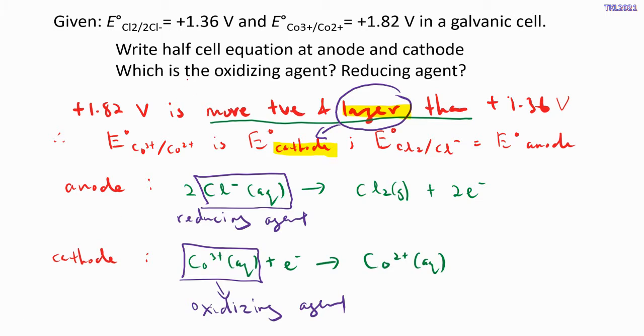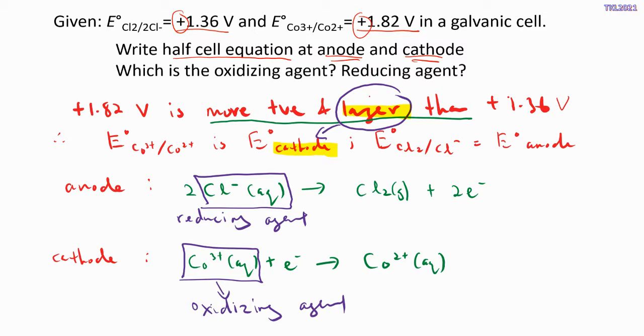Next one. Write the half cell equation at anode and cathode just by comparing the value of standard reduction potential. This time I give positive values.